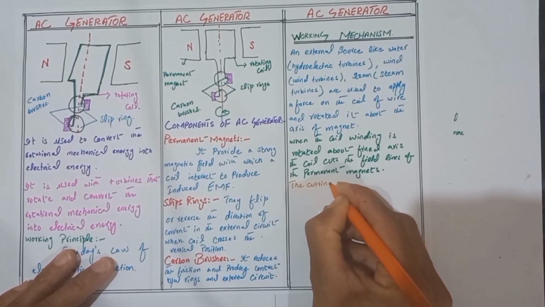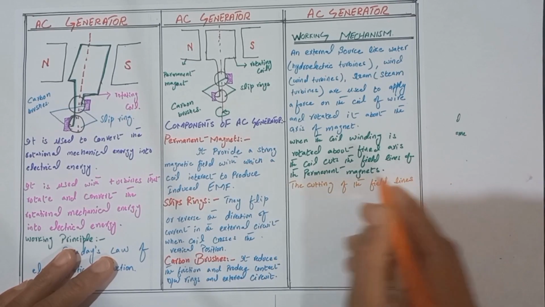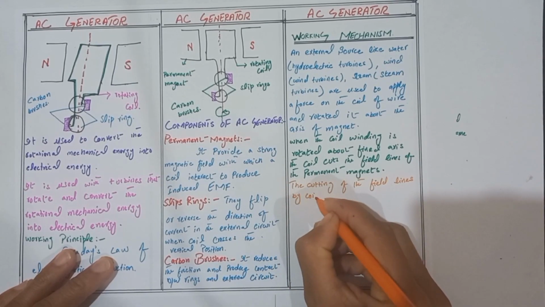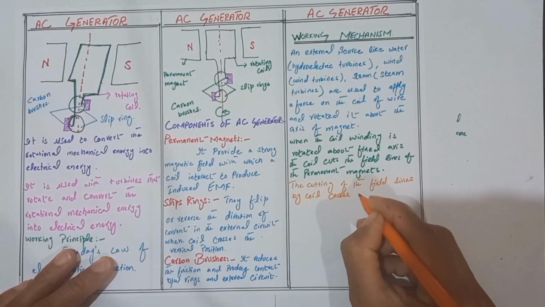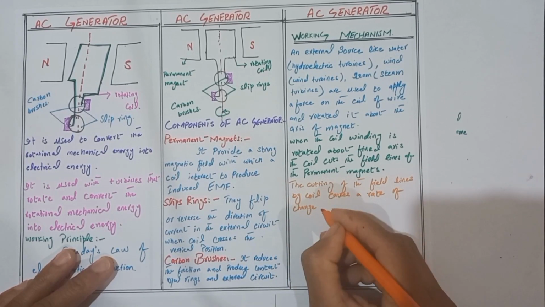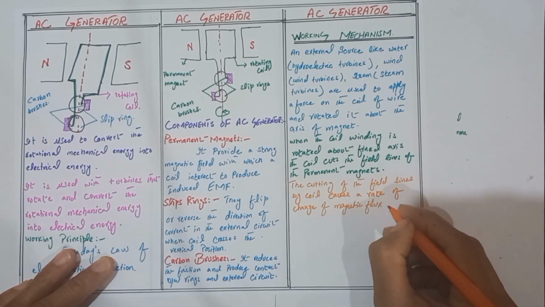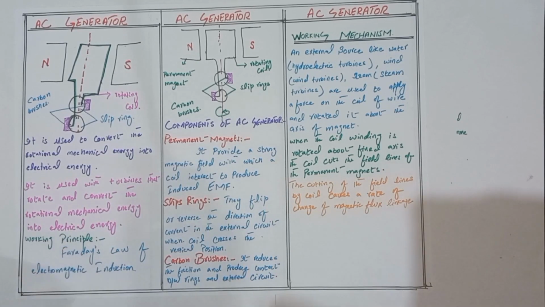The cutting of the field lines by the coil causes a rate of change of magnetic flux linkage.